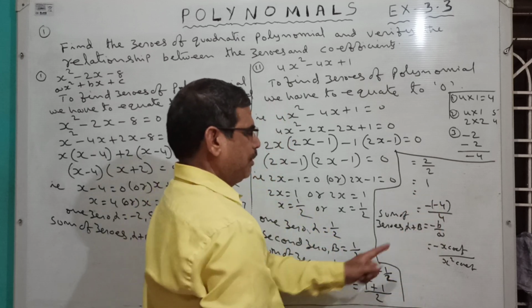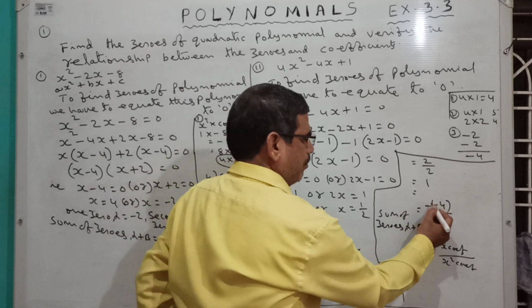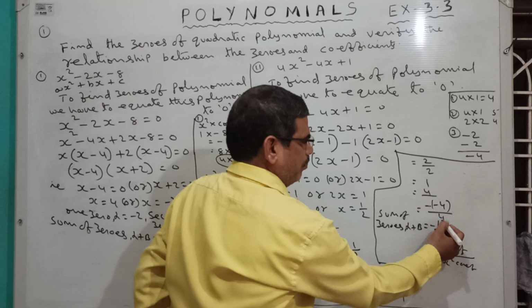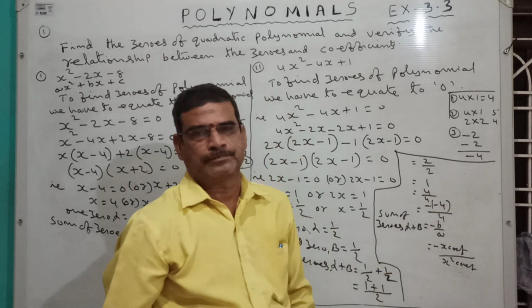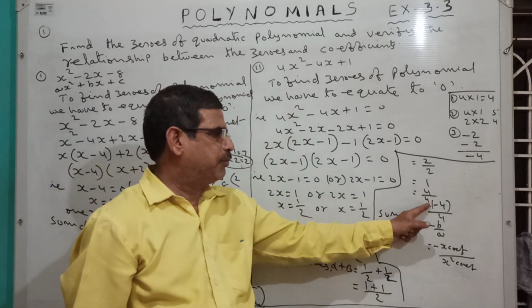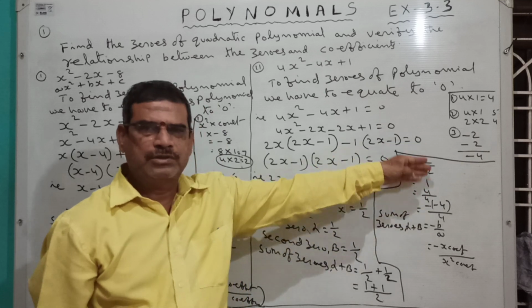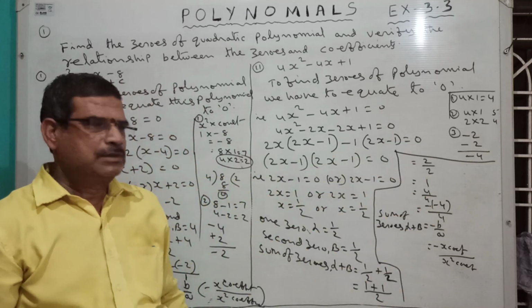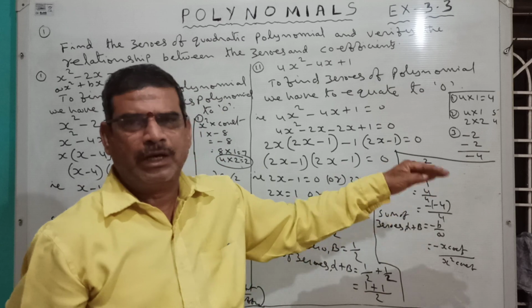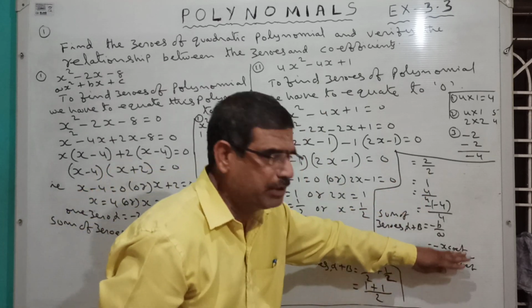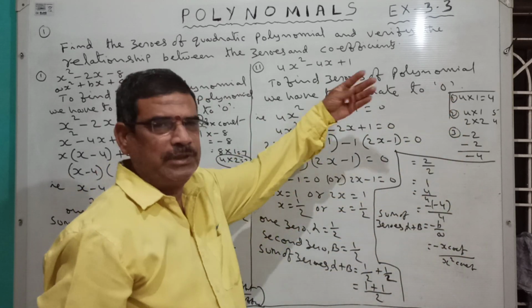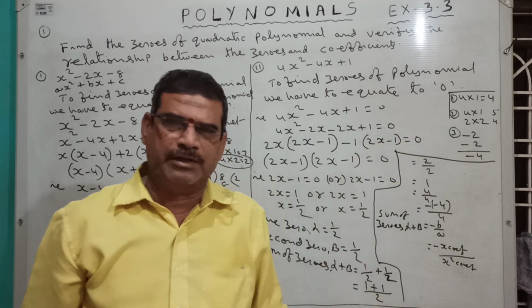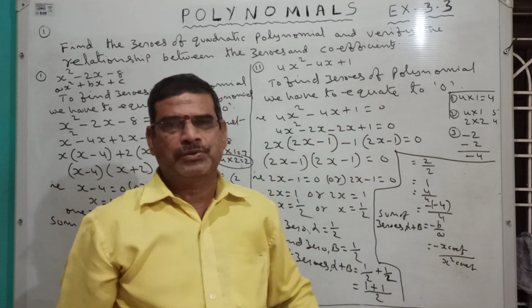Next step, minus into minus is plus, 4 by 4. 4 by 4, cancellation, 1. So the steps coincide. Up to 2-3 sums you have to do in the reverse procedure. After that you will be able to understand how to do this sum.